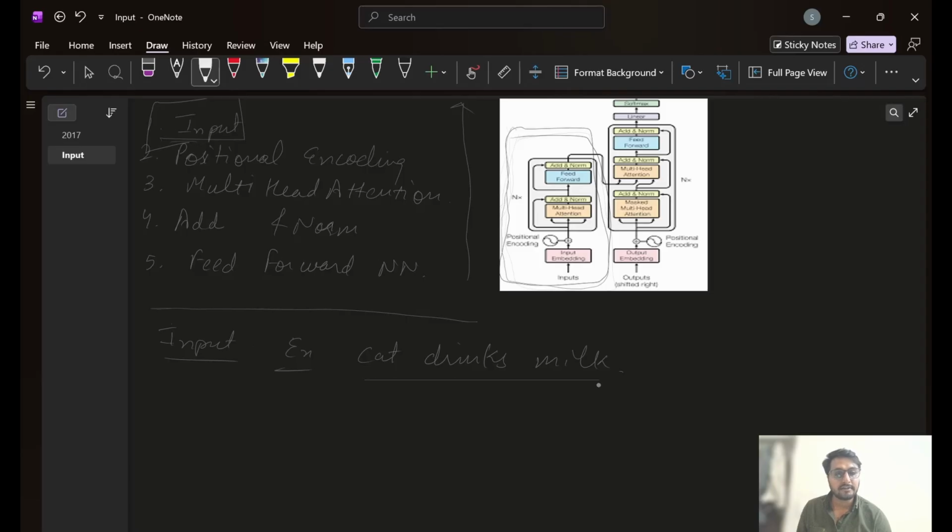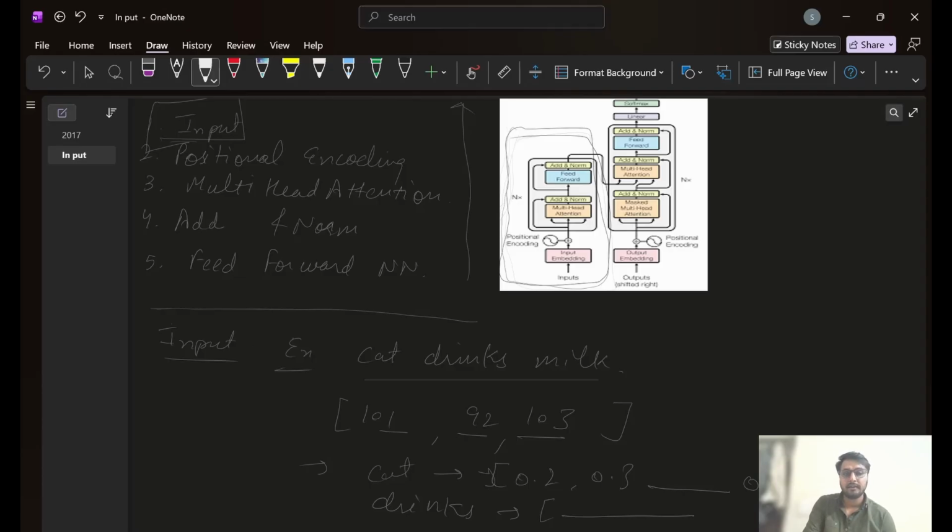We have a sentence with three words, and we can assign unique IDs to these words, say 101, 102, 103. So we assign cat a unique ID. Then we can assign cat a random vector, like 0.2, 0.3, whatever the size of the vector. Similarly, we can assign a random vector to the word drinks, with the same length as cat.